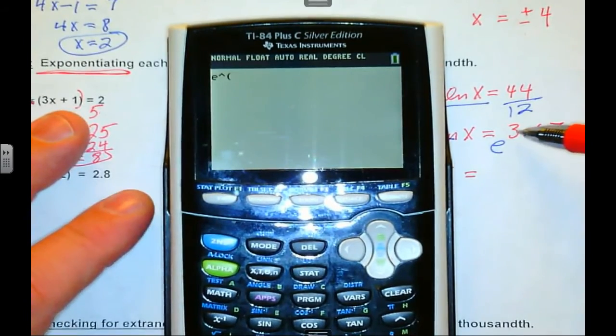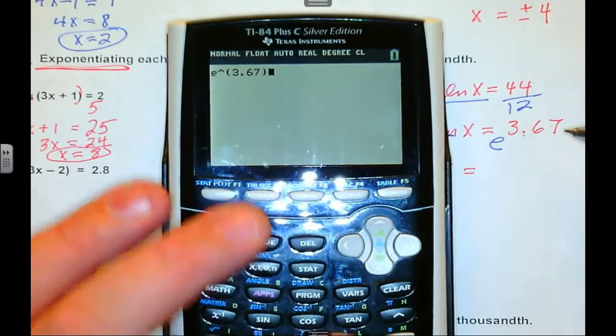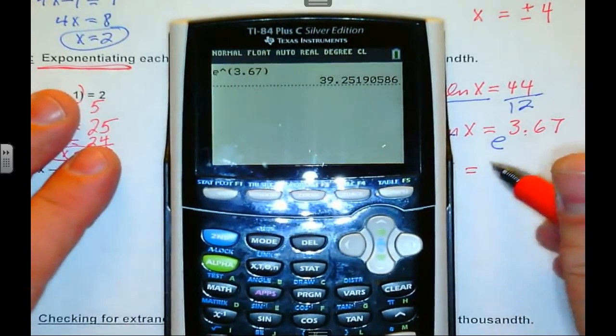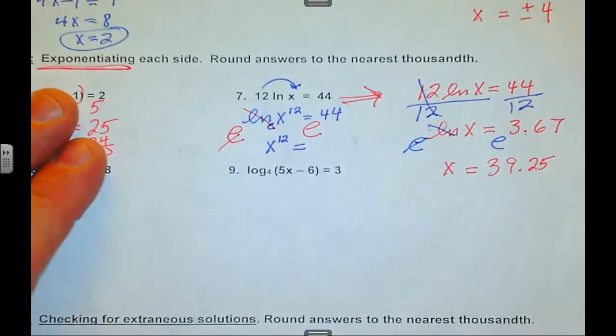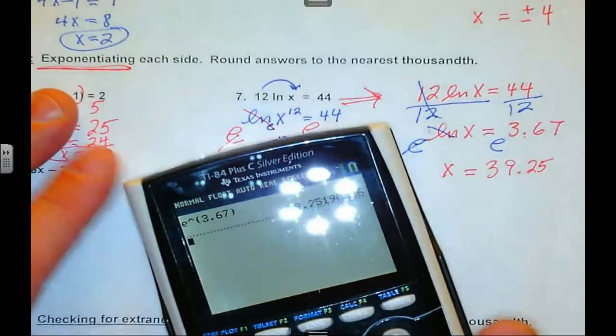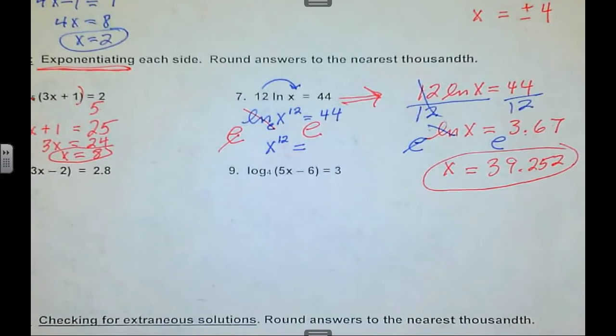And I need to put in 3.67. 3.67. And I get 39.25. Okay? See how these are getting long and complicated?